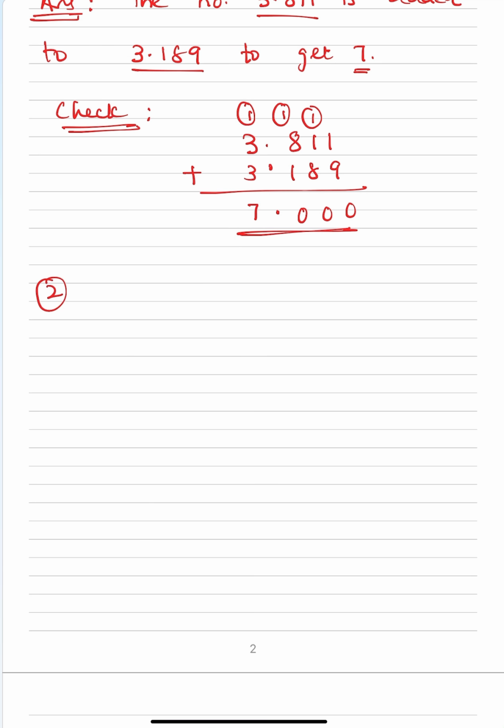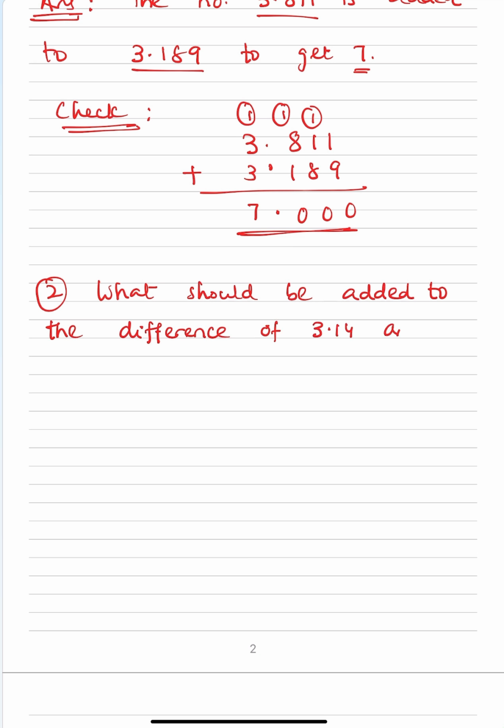That is, what should be added to the difference of 3.14 and 1.674 to get 9.